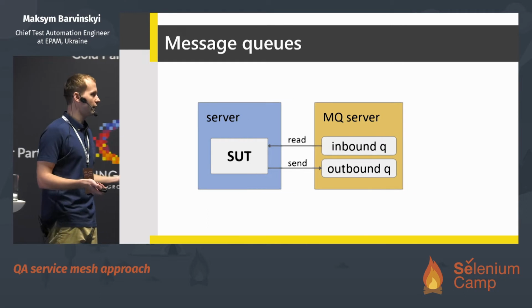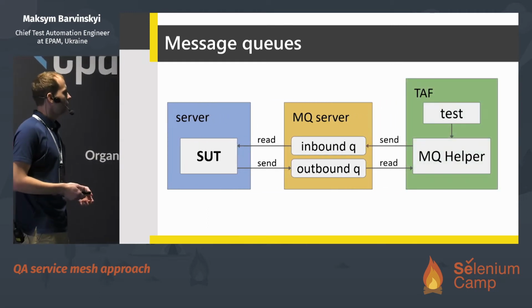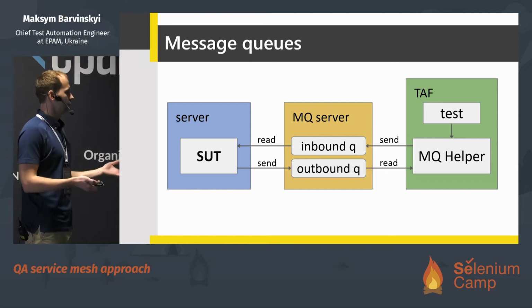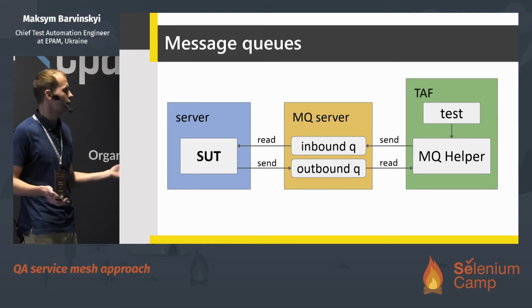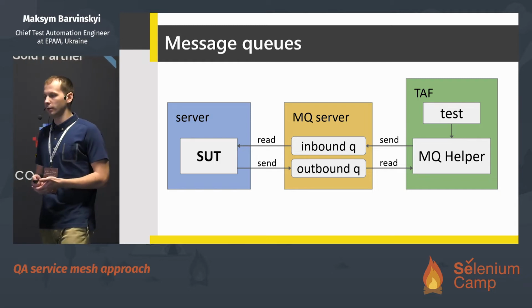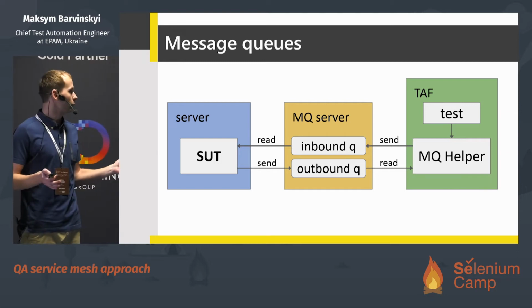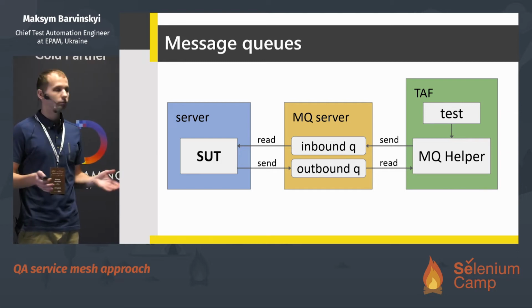Well, the first thing that comes to mind is to find a Java library and work with the queues right from the test automation framework. It really went well. It didn't take long.